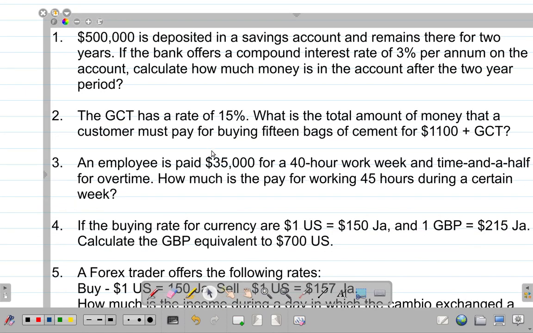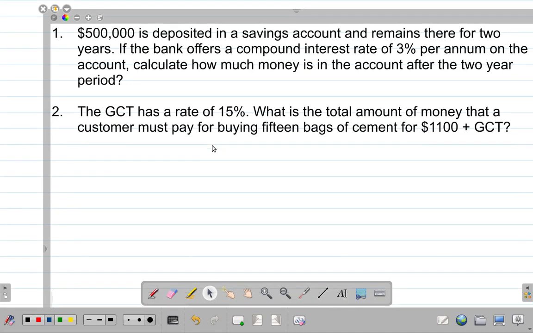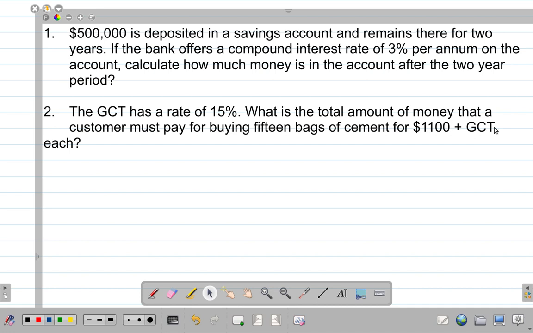Okay, good. Now, this question says, the GCT, that's General Consumption Tax, has a rate of 15%. What is the total amount of money that a customer must pay for buying 15 bags of cement, each costing $1,100 plus GCT.